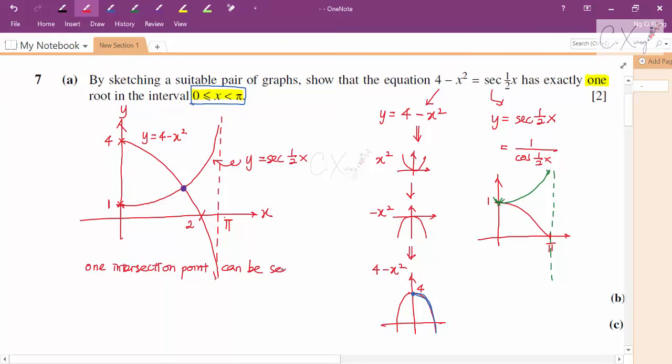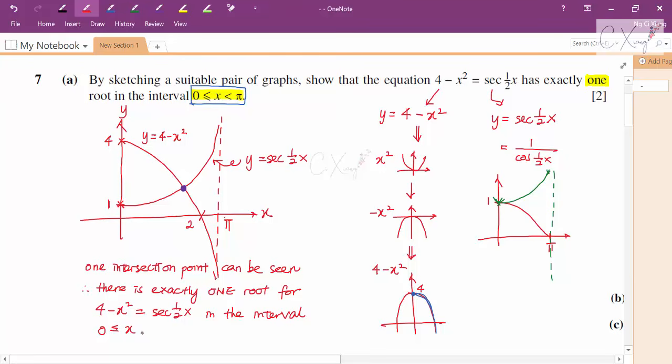Therefore, there is exactly one root for the equation 4 minus x squared equals to secant half x in the interval of 0 until pi.